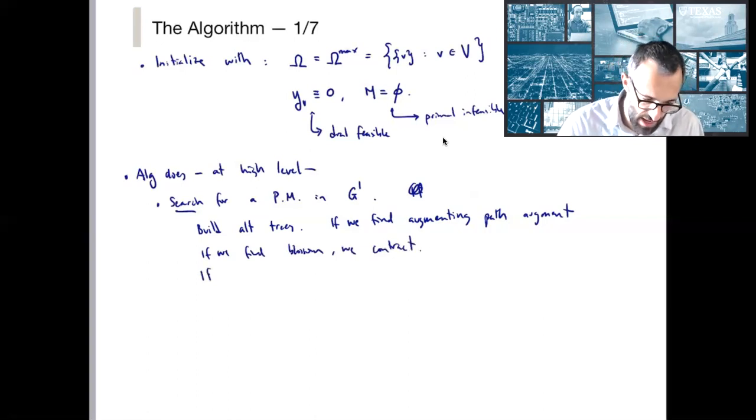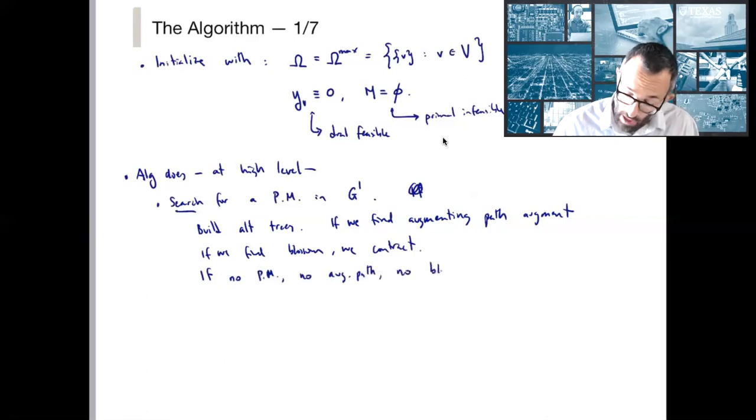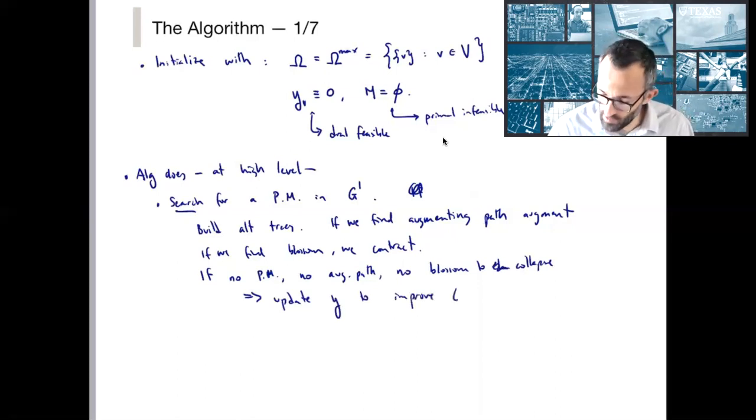And if we have no perfect matching, no augmenting path, and also no blossom to collapse, then we're going to update y to improve, in this case to increase, because the dual is a maximization problem, to increase the dual.